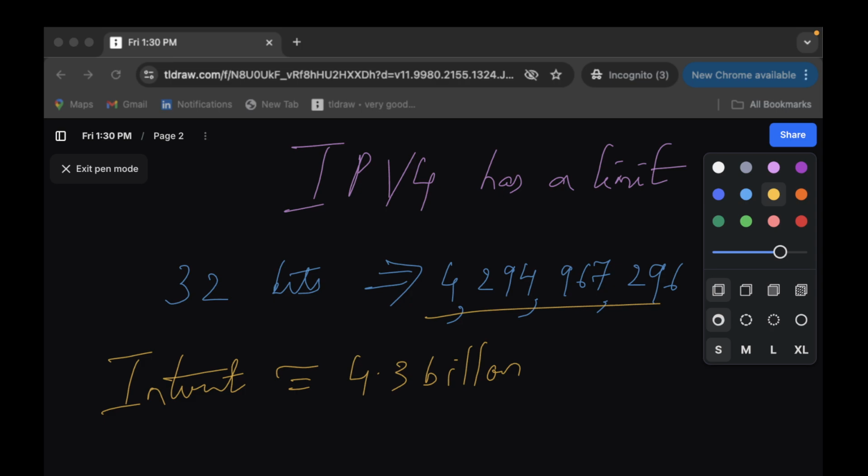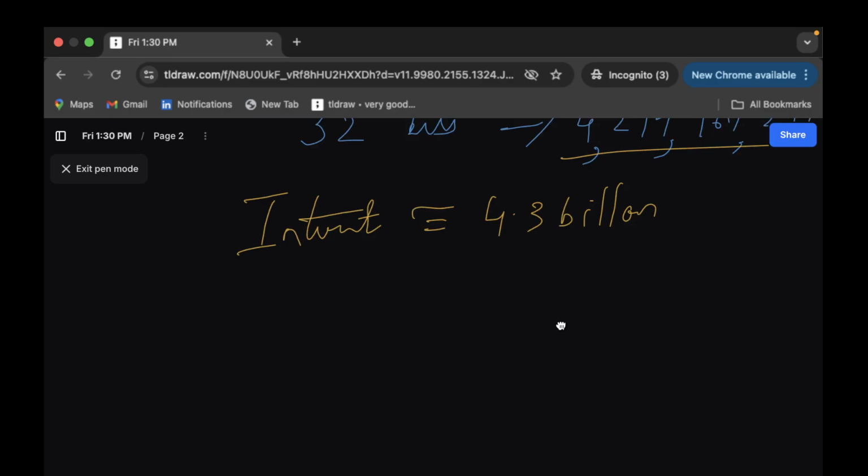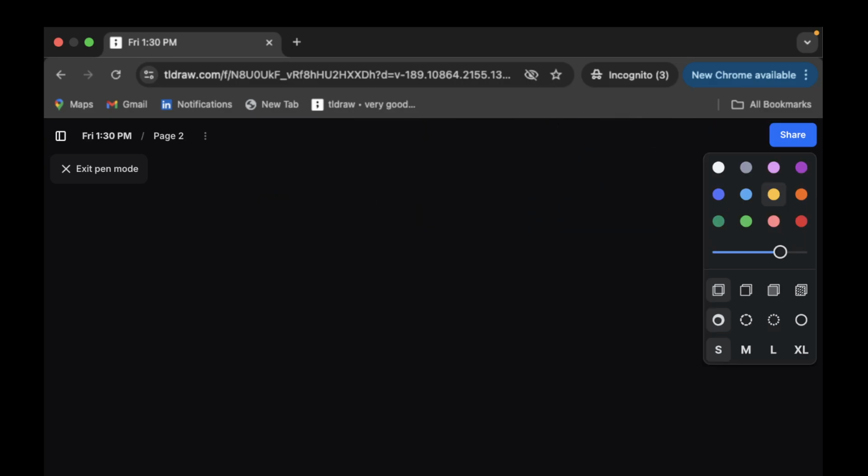So back in 1918 itself we understood that someday we will be running out of IP addresses, so there should be some mechanism by which we allow reusability of IP addresses. To have this reusability in place, we break down our IP addresses into two types.